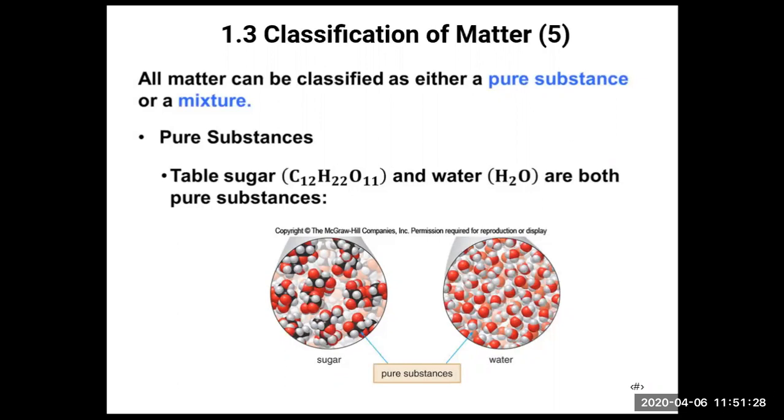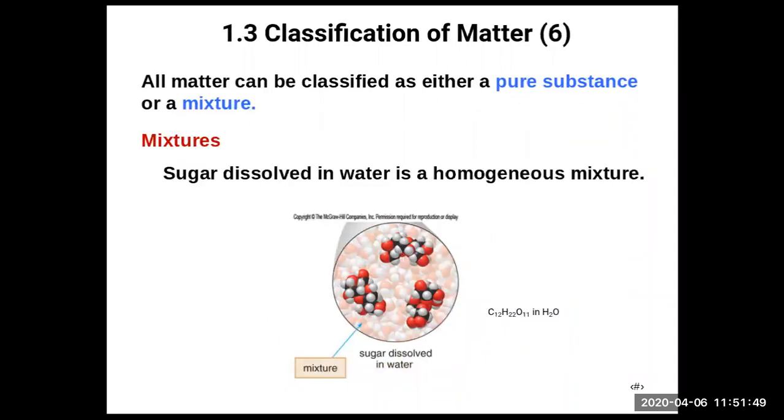When you're talking about table sugar, it's always the molecule made of 12 carbons, 22 hydrogens, and 11 oxygens. And water is made of 2 hydrogens and 1 oxygen. So these are two pure substances, right? Now, if we mix them together, we get a mixture, right? Because we have more than one substance mixed together.